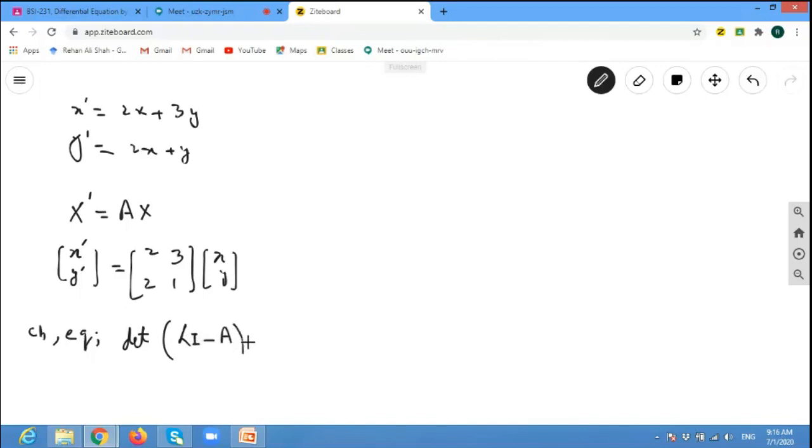This is the characteristic equation. So what is lambda I? Lambda I means lambda into 1 0 and 0 1, that is lambda 0 and 0 lambda. This is actually lambda I.